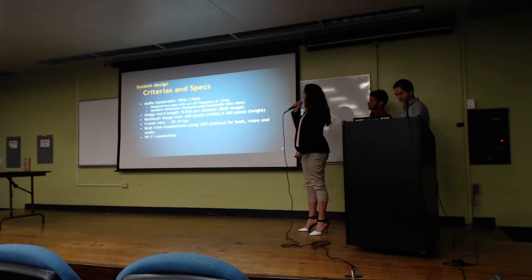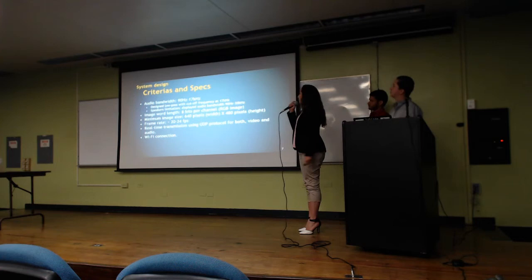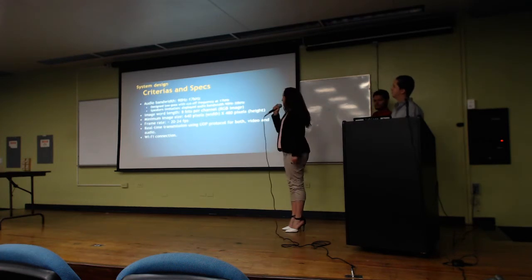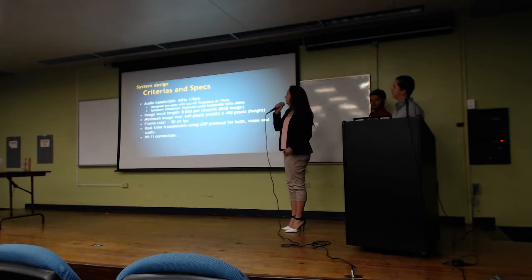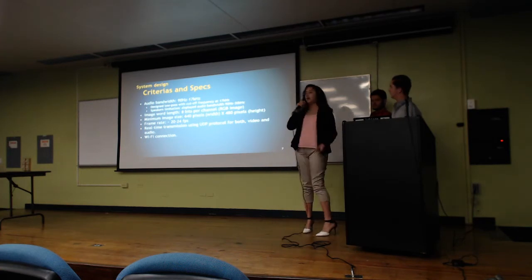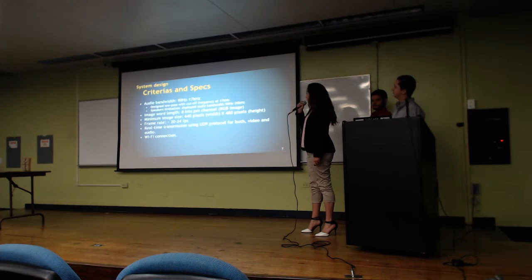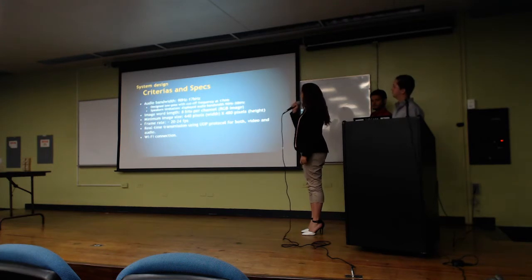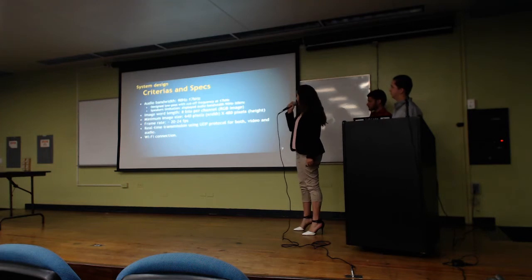So the criteria and specs for this project were an audio bandwidth from 90 Hz to 17 kHz. The 17 kHz comes from the designed low-pass filter, and the limitation of the 90 Hz comes from the speaker's limitation. Also, the image word length is 8 bits per channel, and we have the RGB image.